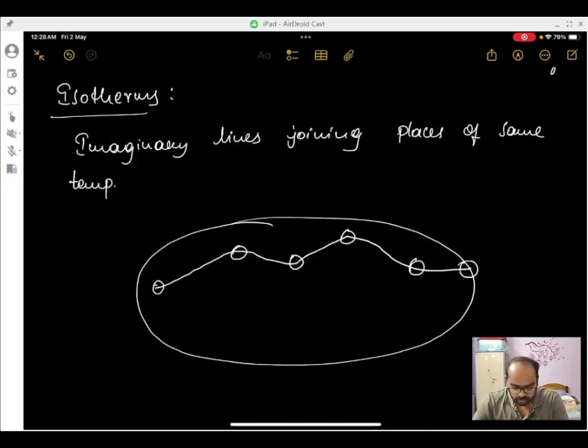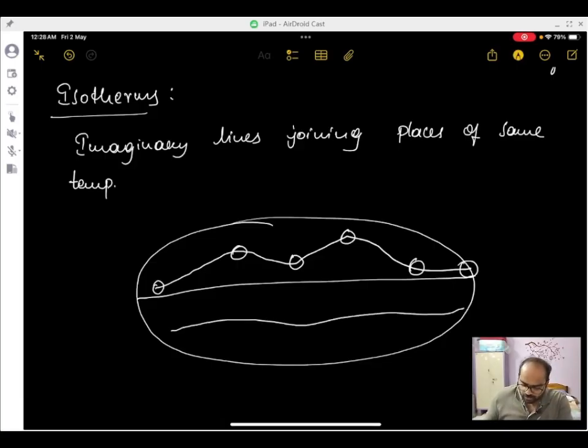And this is the northern hemisphere. And if you take the southern hemisphere, what happens? The isotherm would be somewhat parallel to latitudes. Why? Because of the predominance of the oceans. Due to the large amount of ocean in the southern hemisphere, there will be more places with equal amounts of temperature.